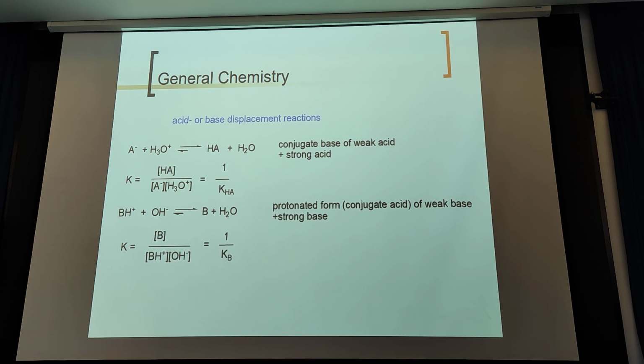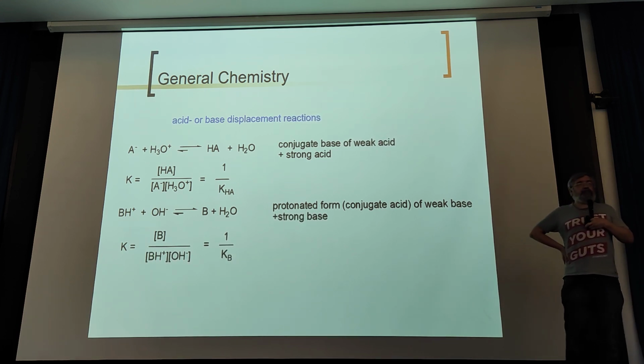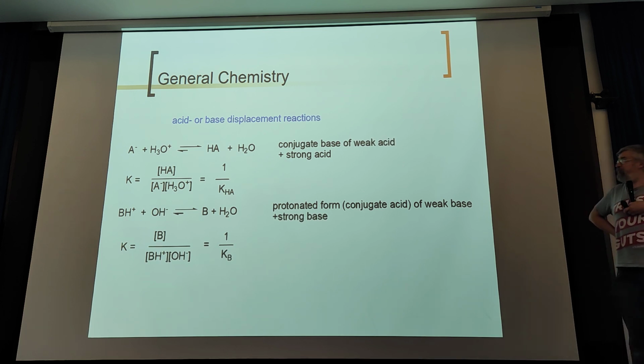A minus is referring to the residue of a weak acid. Now we can expect, that is well known, that the weak acid will be formed from its salts by strong acid. So what is formed is water and HA. So what is the equilibrium constant for this kind of reaction?